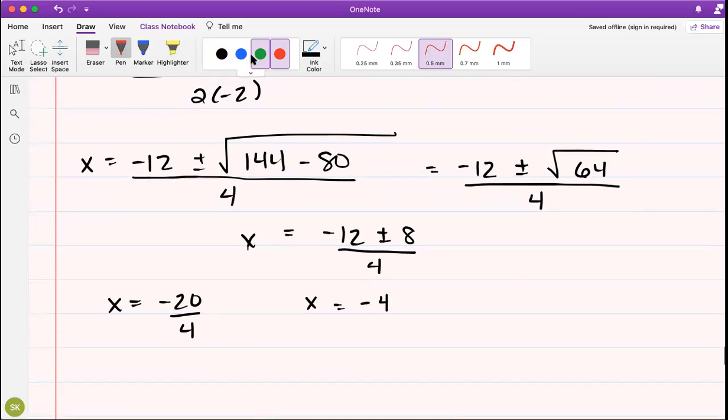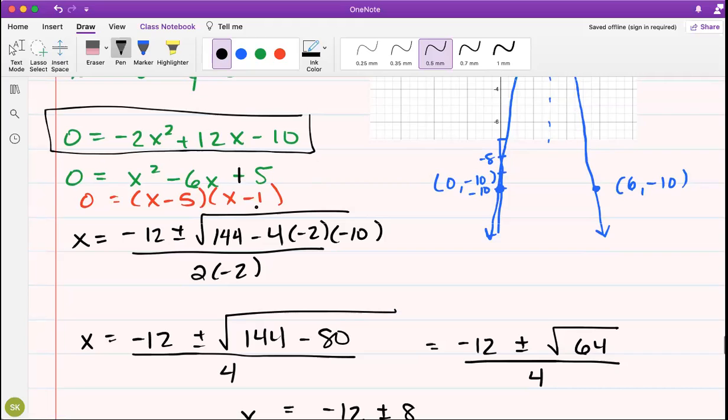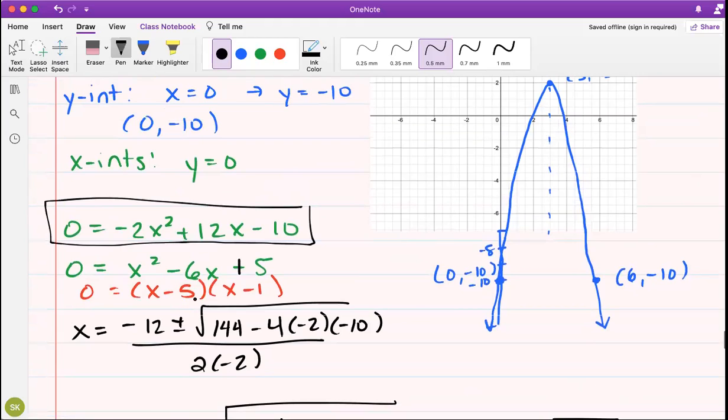Notice that negative 20 over 4 is negative 5. And here I've got negative 4 over 4, which is negative 1. So it did factor. So that was my mistake. And that's okay. You know, that happens. So our two numbers are 5 and 1.